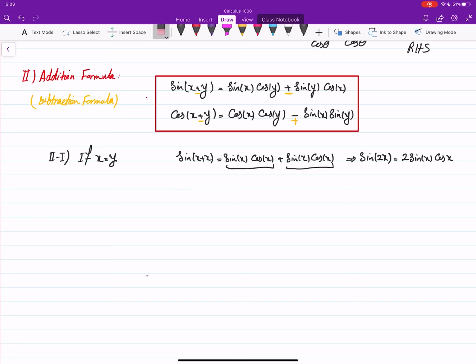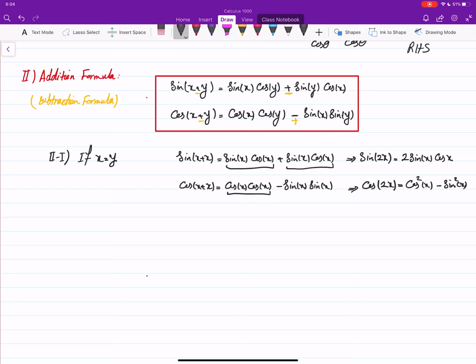And for the cosine, cosine of x plus x equals cosine of x times cosine of x minus sine of x sine of x. As a result, we get cosine of 2x equals cosine squared x, and sine squared x, but they have a minus sign in between.